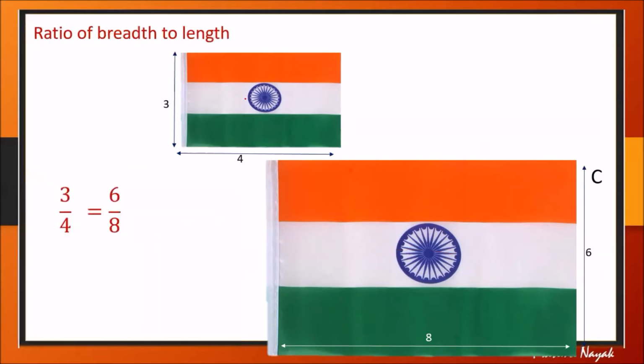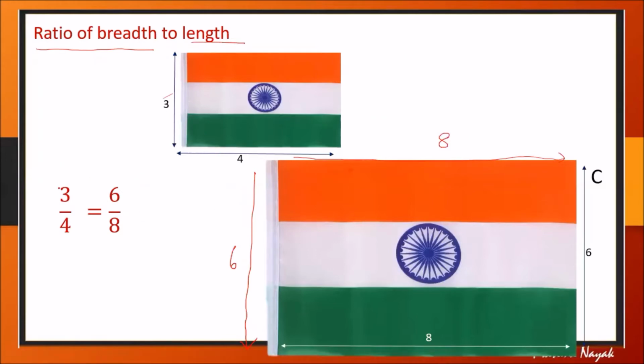Why? Because see, the ratio of breadth to length is the same here. If we compare, here the breadth is 6, so it is 2 times, and for the first one the length was 4, and for the second one the length is 8. So both are 2 times the previous one.